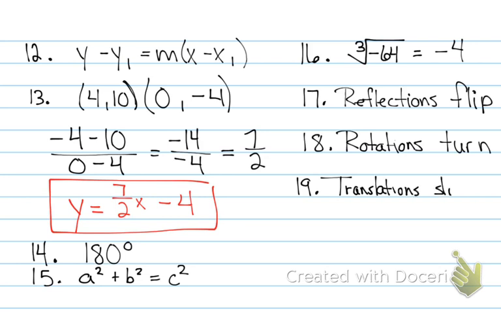Translations slide. And what about a dilation? Dilations, yes, they change in size, okay? So one of those is on your final exam, and that key word will tell you which one it's going to be. So reflections, rotations, translations, and dilations.